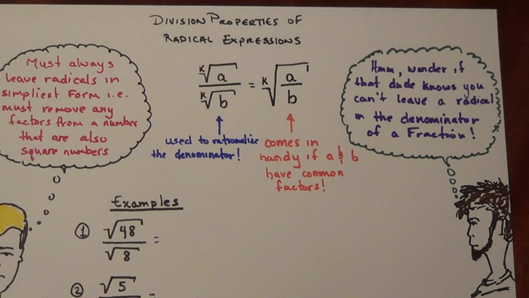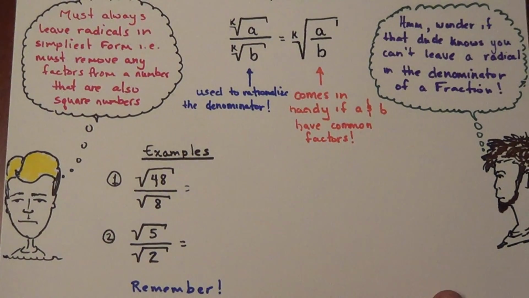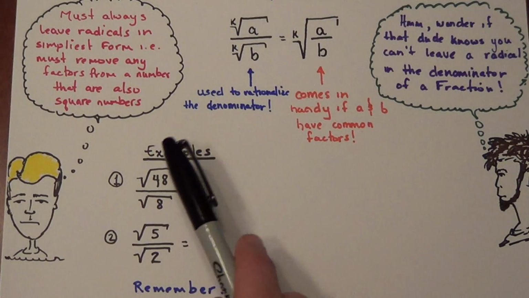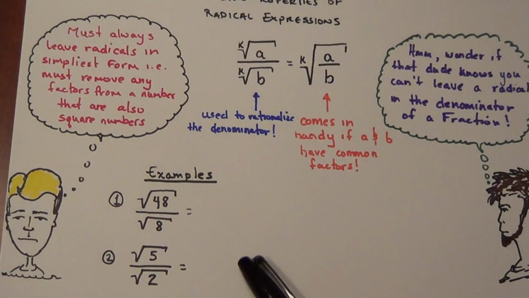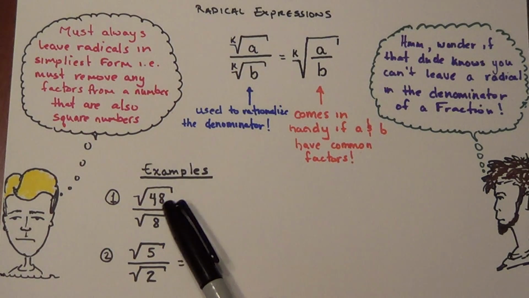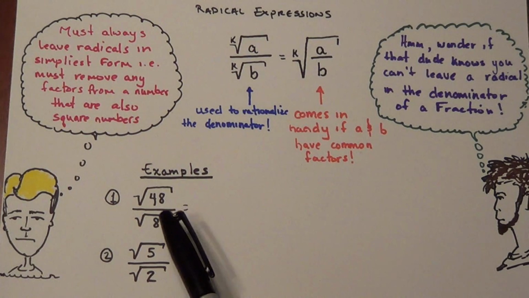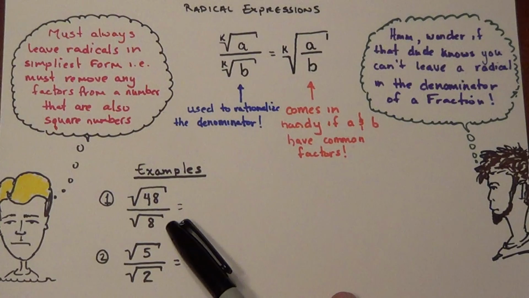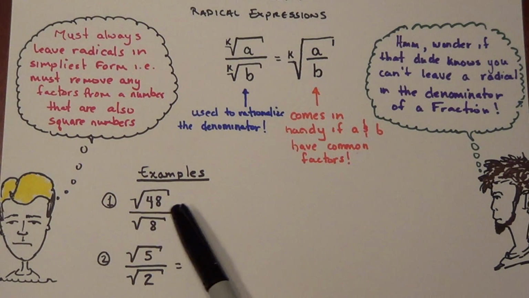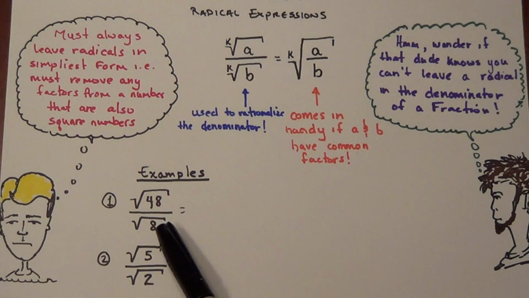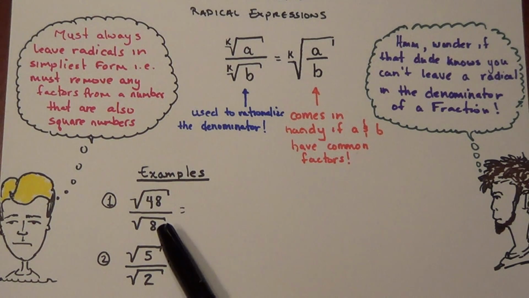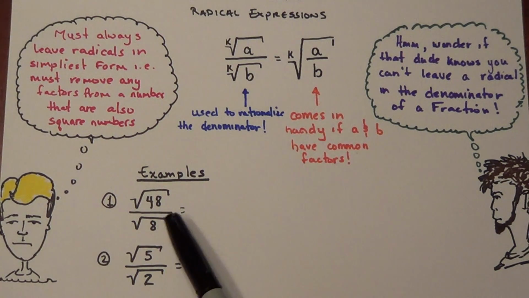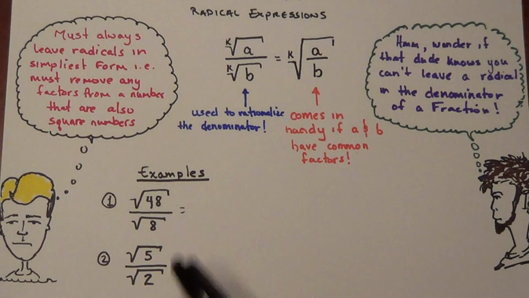So, on to some examples. Example 1 here. I've got the square root of 48 divided by 8. So what we're going to do is look at the values underneath. 48 and 8, do they have common factors? Is there something where I can break the product of 8 into factors of two other numbers that this also might have in common?